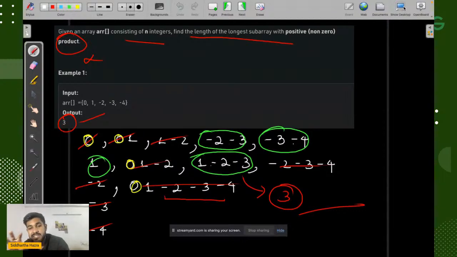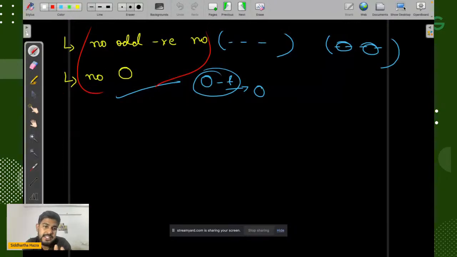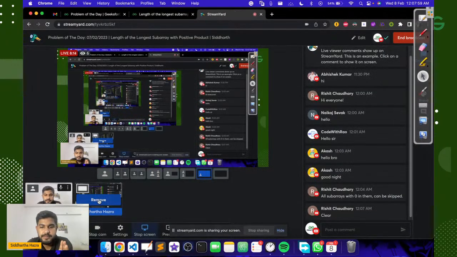Then I analyzed the positive product subarrays and observed a pattern: the presence of an odd number of negatives or the presence of 0 is disrupting the answer. So if 0 is not present and no odd number of negatives is present, then it is clear. Now tell me if these two conditions are clear from the test cases, and this should be intuitive. So tell me quickly.